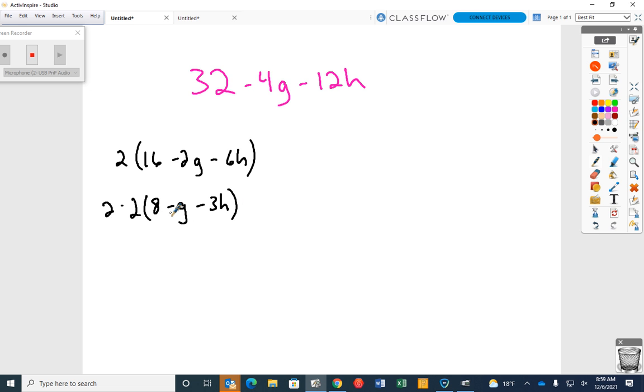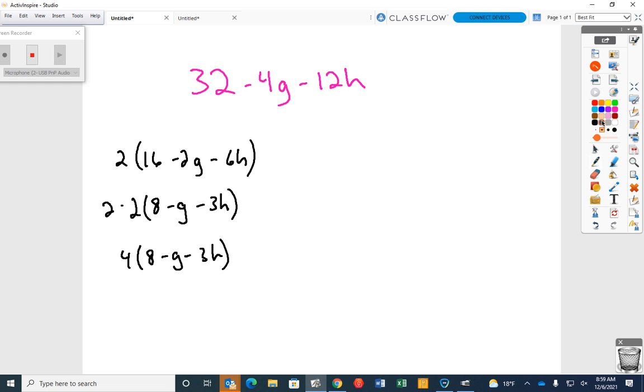Negative 3h. Now, if I put a 1 in front of that g, does that change the value? It means the exact same thing. So the only common factor these would have is 1. So this would be 2 times 2 is 4, times 8 minus g minus 3h.